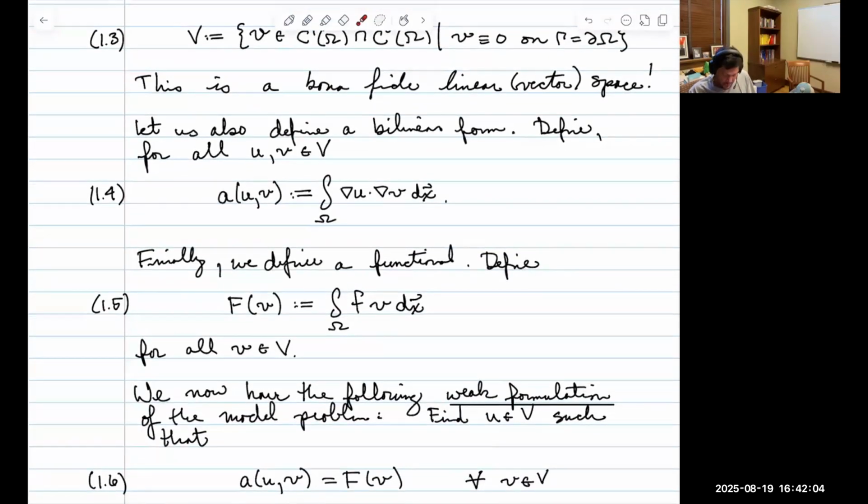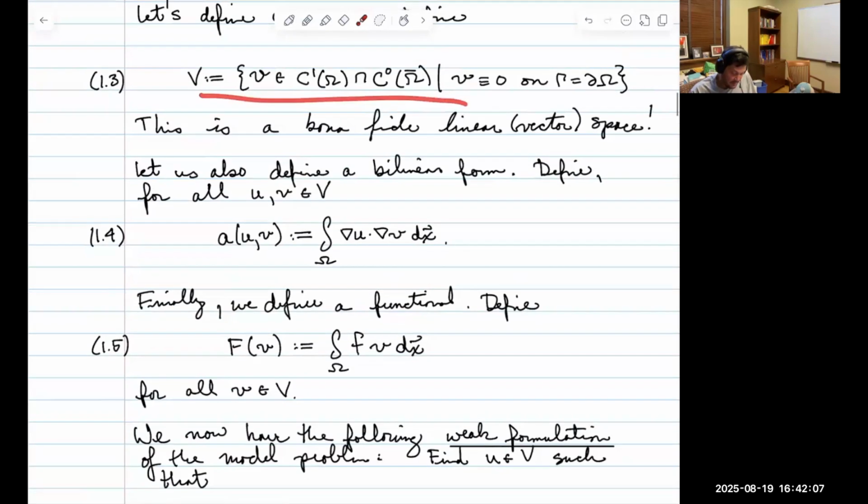What else are we going to define? So we defined a space, we've defined a bilinear form, and now we're going to define a functional. A functional is a function of a function, or vectors, or something like that. We're going to assume that f is given, but this v is going to be free. So if I put in a function v and I integrate it against f over omega, then I should get a number.